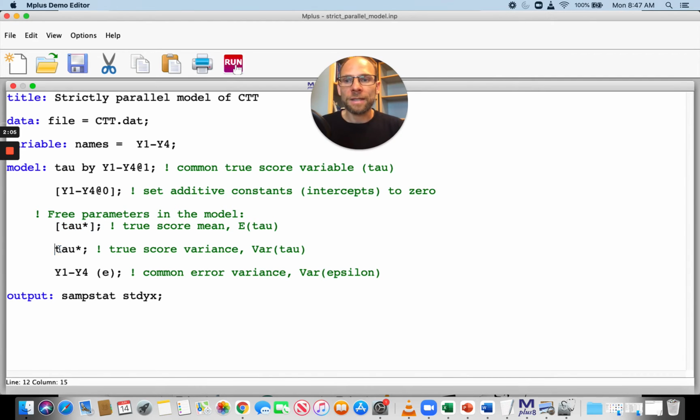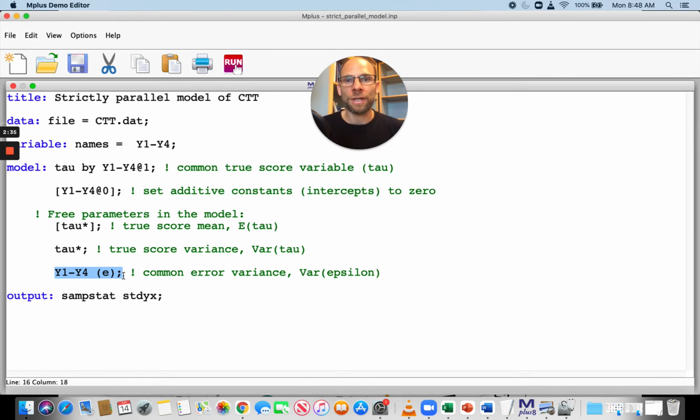We're also estimating the true score variance component, which is relevant for estimating reliability, so that's the variance of the true scores. And then we are constraining the measurement error variances to be equal by listing the variables y1 through y4 and putting a label in parentheses behind them, which holds the error variances equal across those 4 variables.